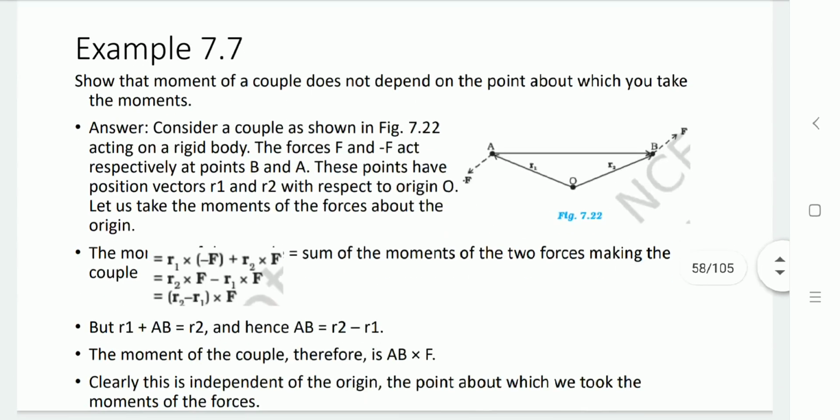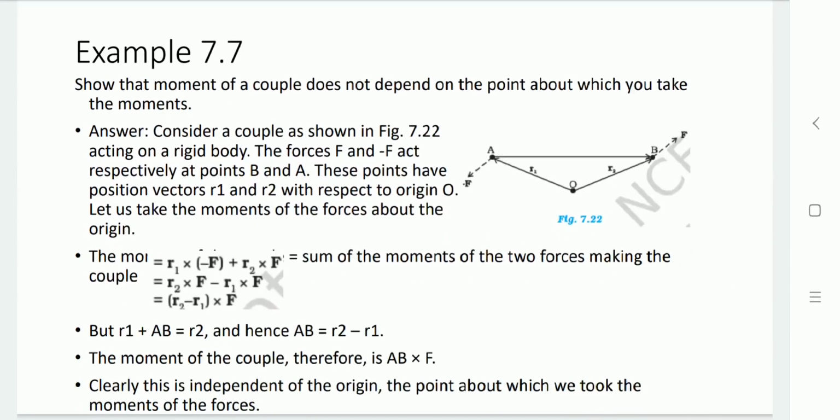Let us go through an example for the same. Show that the moment of a couple does not depend on the point about which you take the moments. So let us consider a couple as shown in the figure acting on a rigid body, having forces F and minus F at points B and A. These points have the position vectors R1 and R2 from the origin.